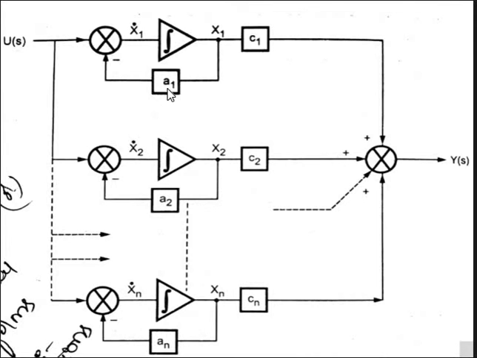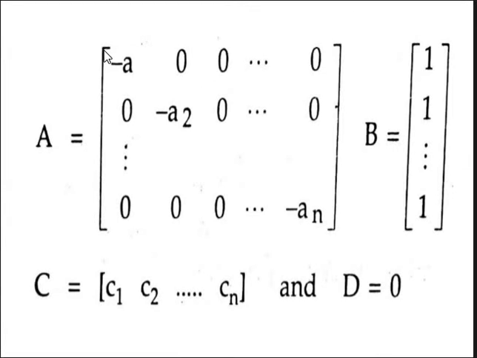Here this is negative feedback, so this is minus A1, this is minus A2, and so on, minus An, so the matrix A can be written like this. Diagonally we place those values and the remaining values are zeros, so minus A1, then diagonally minus A2, minus A3, minus A4, and so on, minus An. Like that we can write the matrix A.